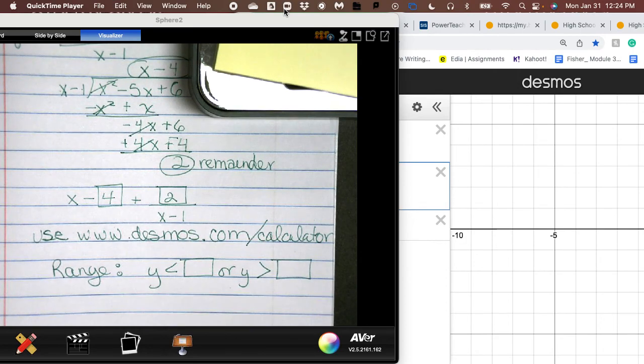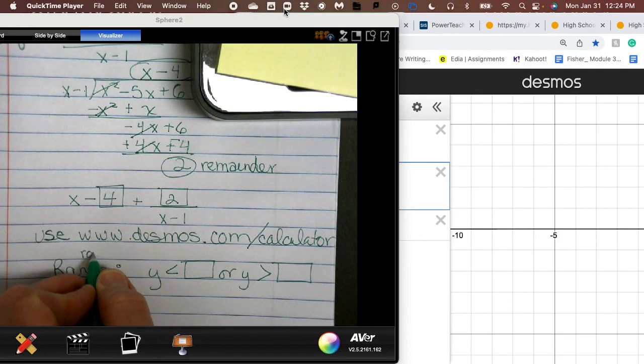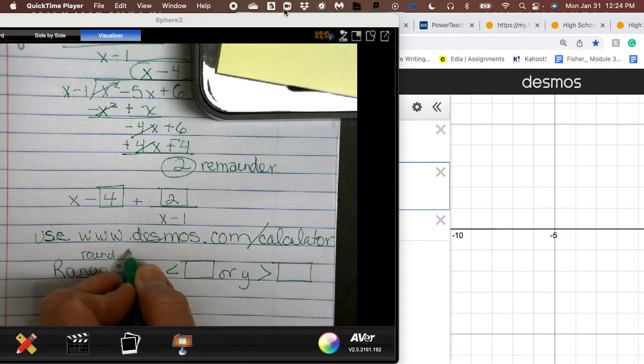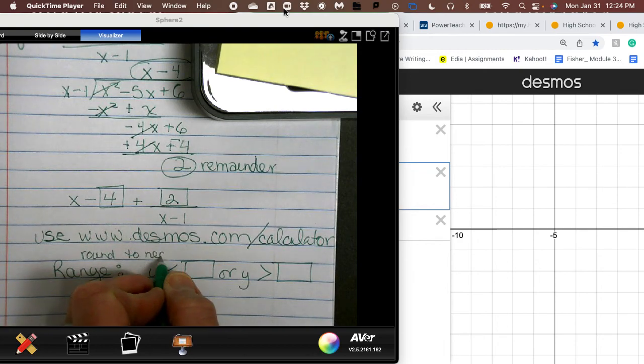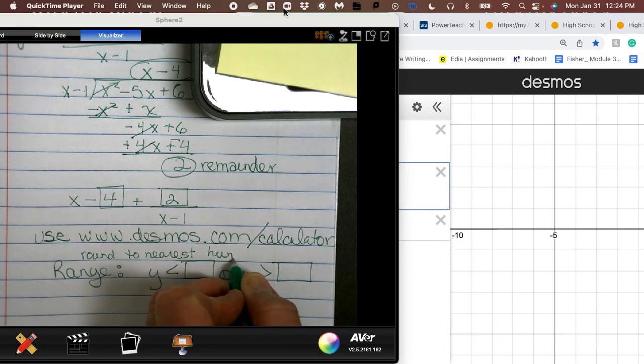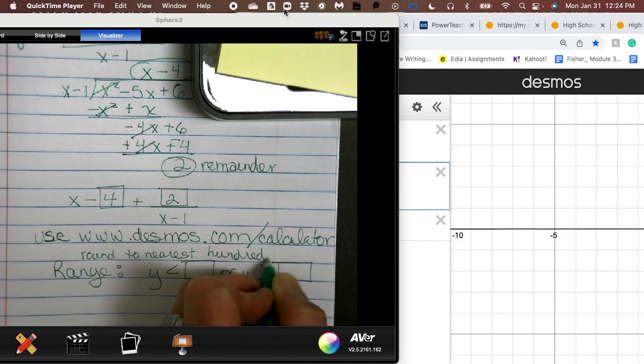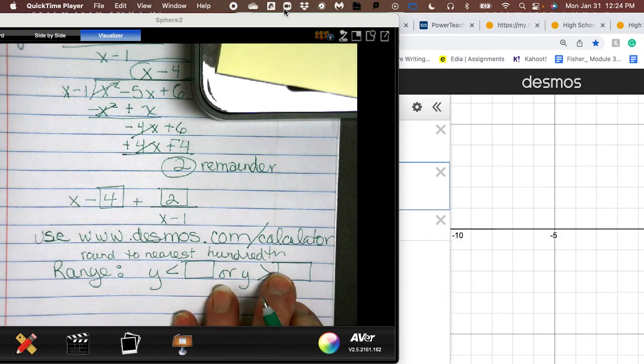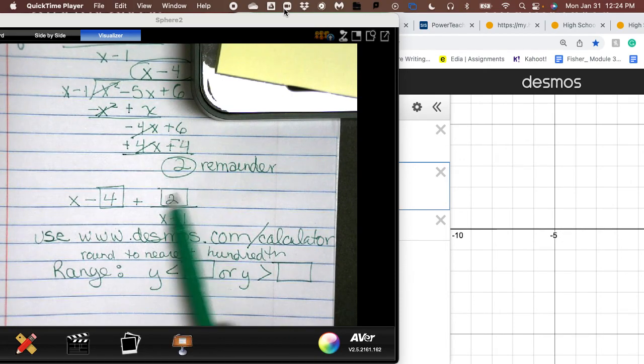The directions say round the decimals to the nearest hundredth. So we're going to round our values to the nearest hundredth. I'm going to get these values from the graph, and I'm going to put my rational function in using the quotient form.